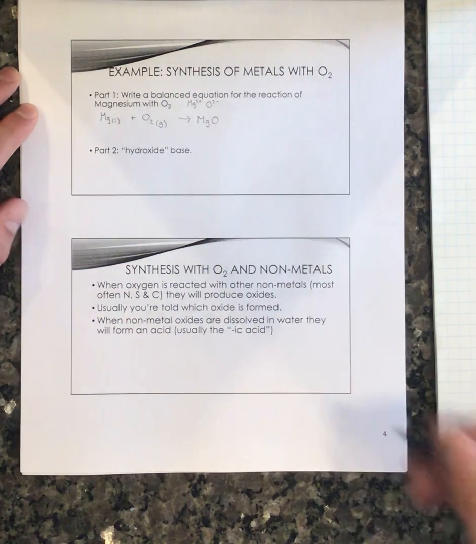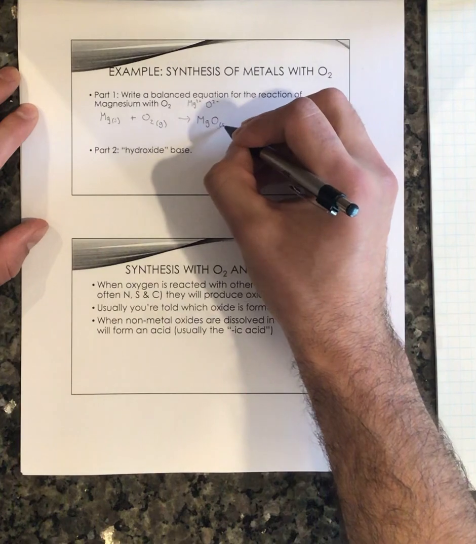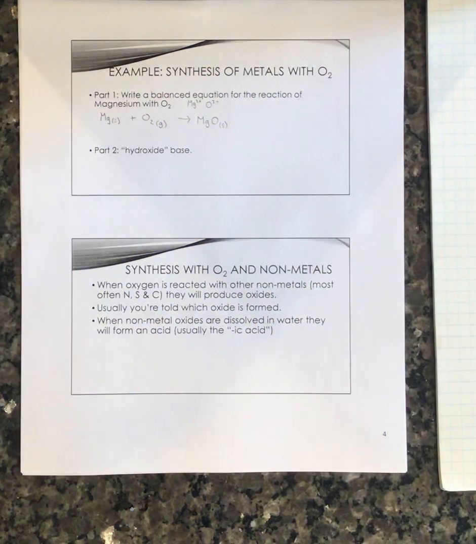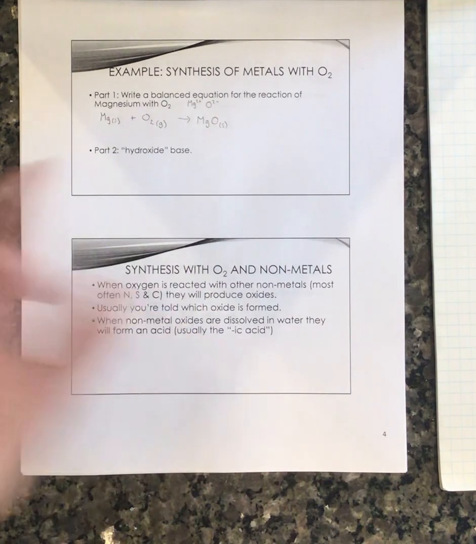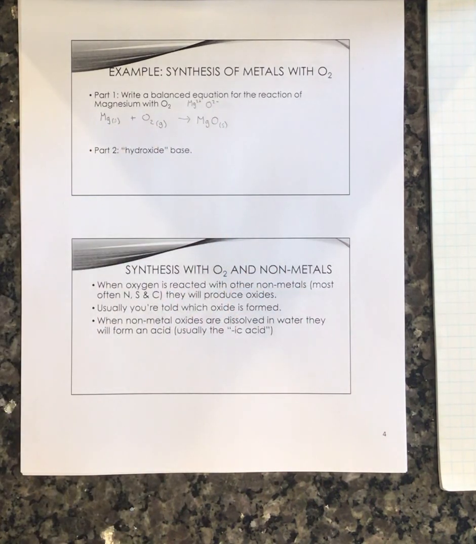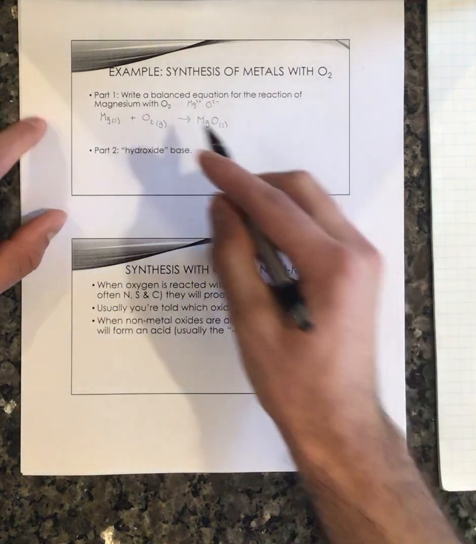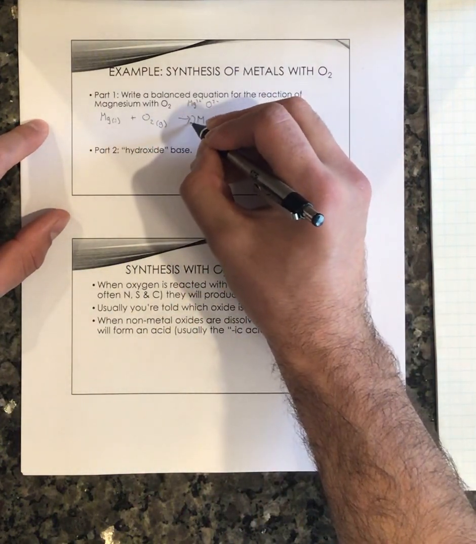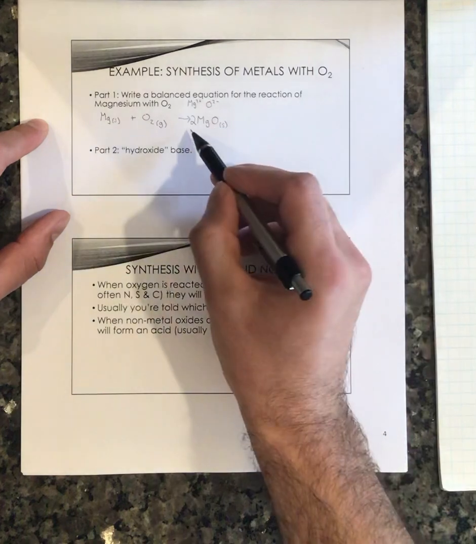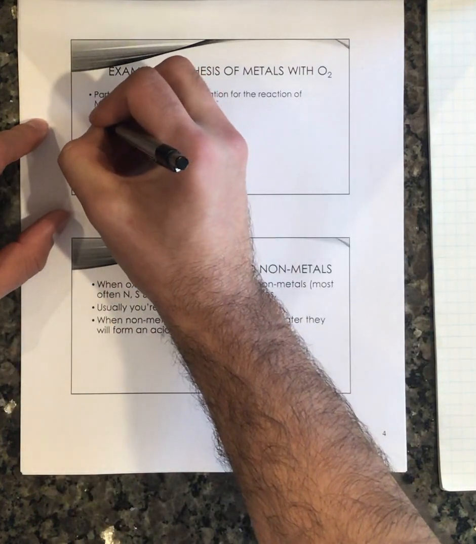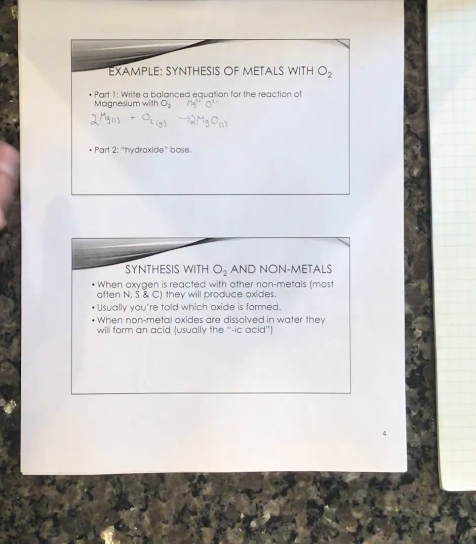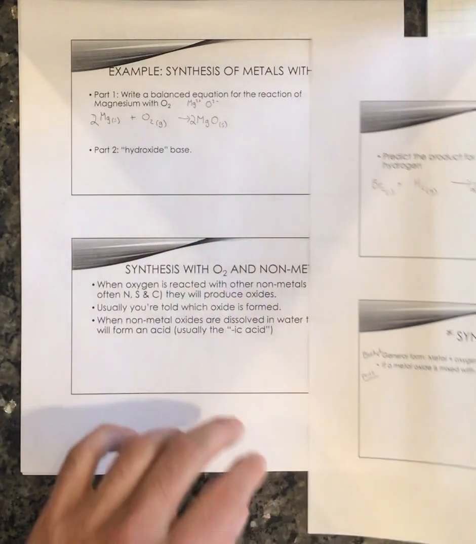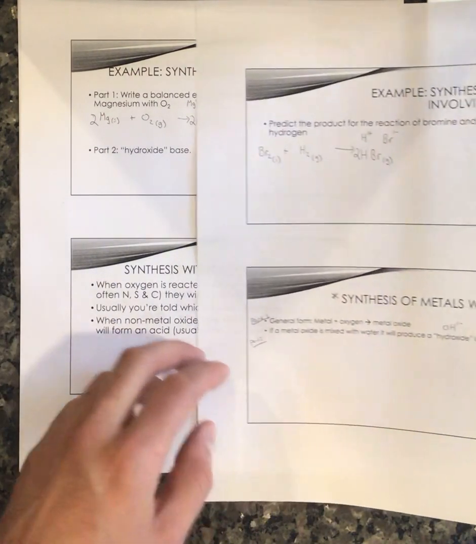Now, magnesium oxide is in solid form. Like I said, we don't know that yet. We will learn it a little bit later. And lastly, we have to finish balancing this equation. I have 2 oxygens here, so I'm going to need 2. I put the 2 in the front. But at the same time, it gives me 2 magnesium, so I need a 2 there as well. And that's my balanced equation. So that is part 1. I'm just going to go back here to where it says part 1.